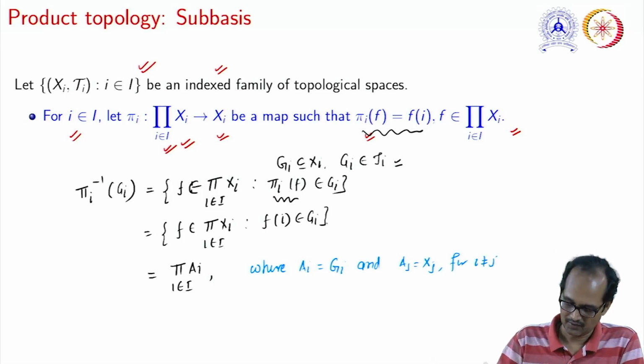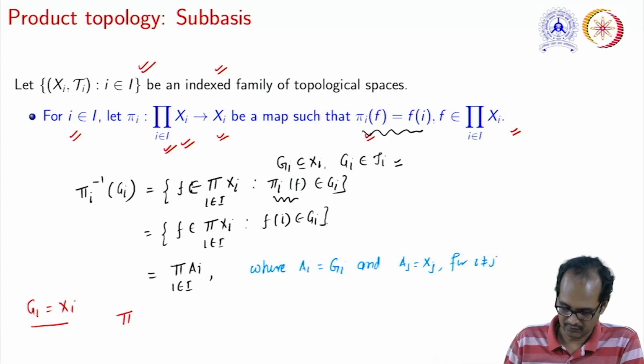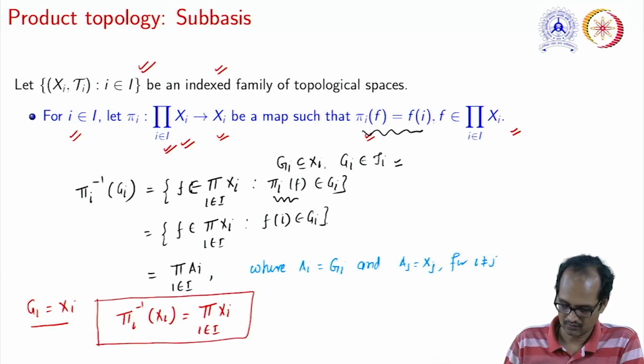Interestingly, if we take this Gi as Xi itself, what about the value of pi_i inverse of Xi? Obviously, this is nothing but the product of Xi, i belongs to I. Now let us take the collection of such sets.